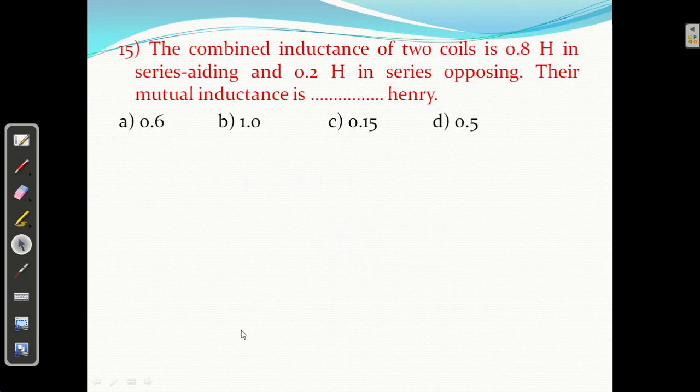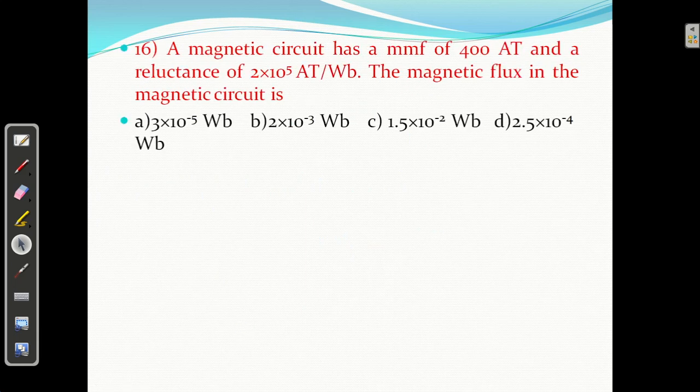Question number 16. A magnetic circuit has the MMF of 400 ampere turns. MMF means NI, and reluctance equal to 2 into 10 raised to power 5 ampere turn per Weber. Magnetic flux phi equal to what?